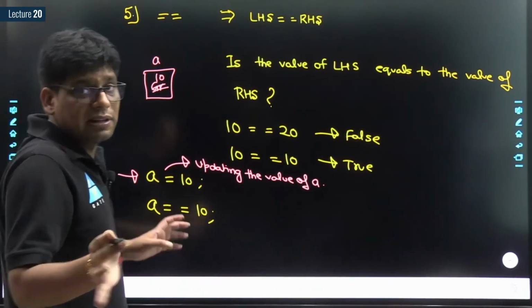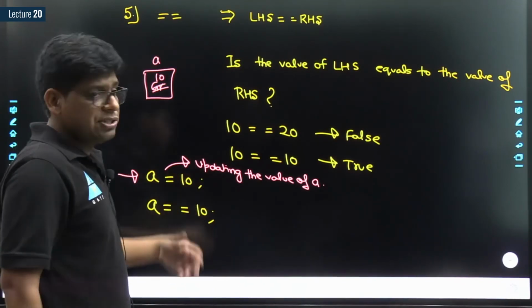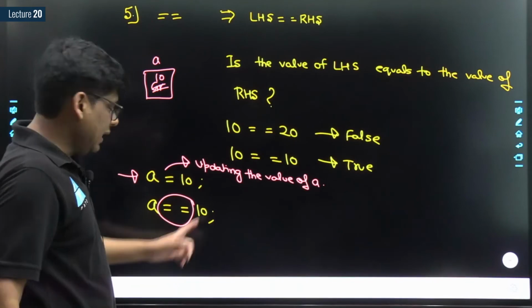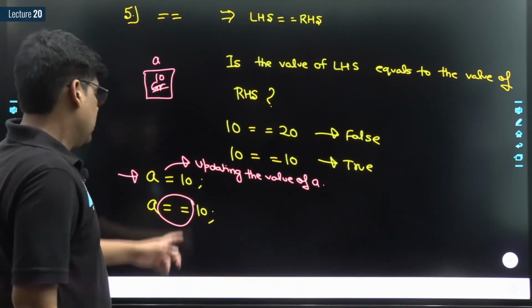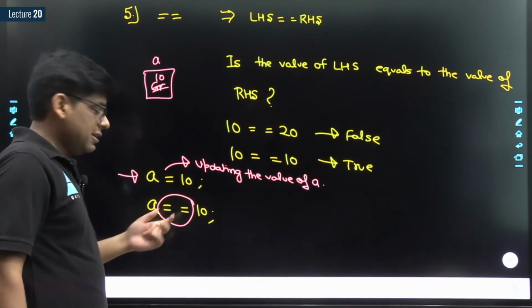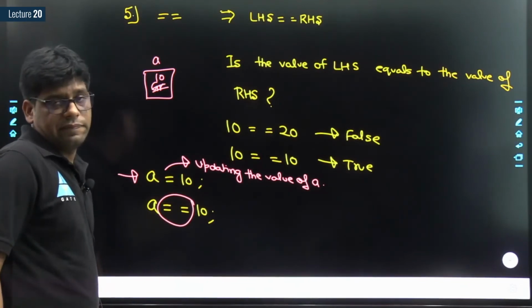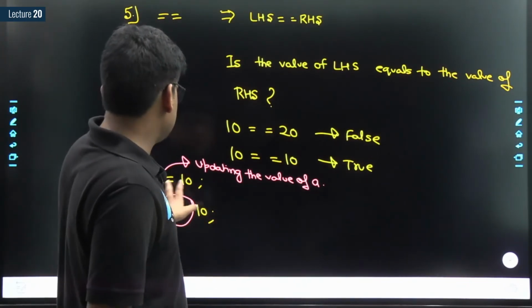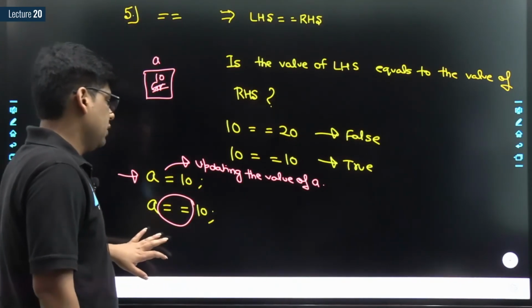We are not comparing LHS and RHS. But here we are comparing LHS and RHS. Here we are interested in asking, is the content of A the same as 10 or not? Try to understand. That means this is different and this is different.